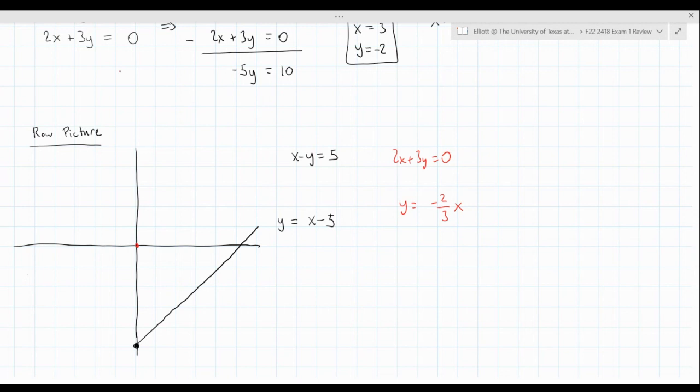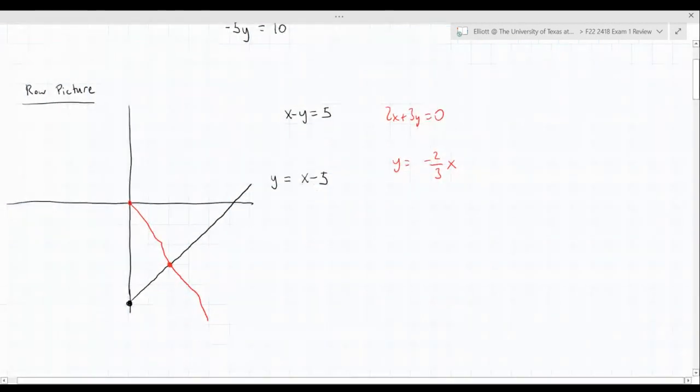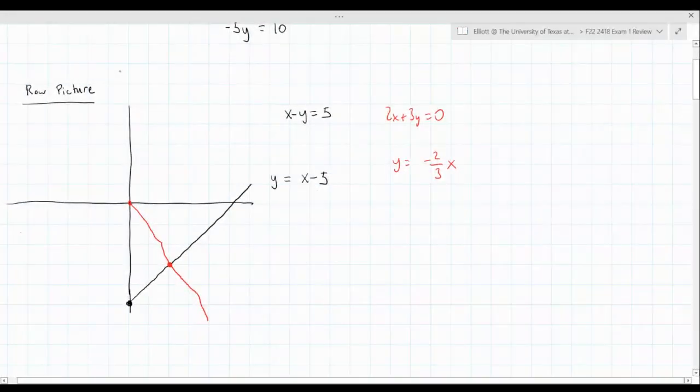So if I go down 2, sorry, go over 2, go down 3. Okay. That's not very straight, but that would be the second line.